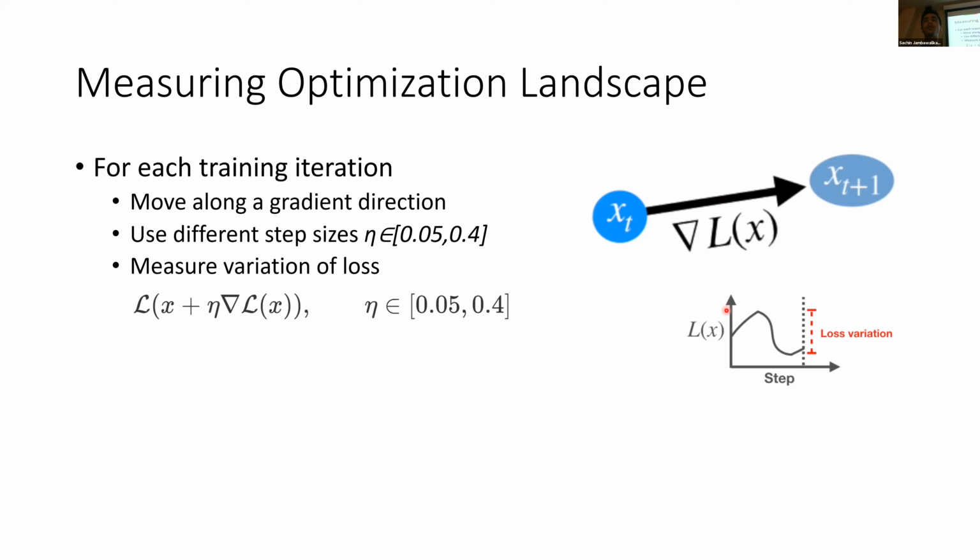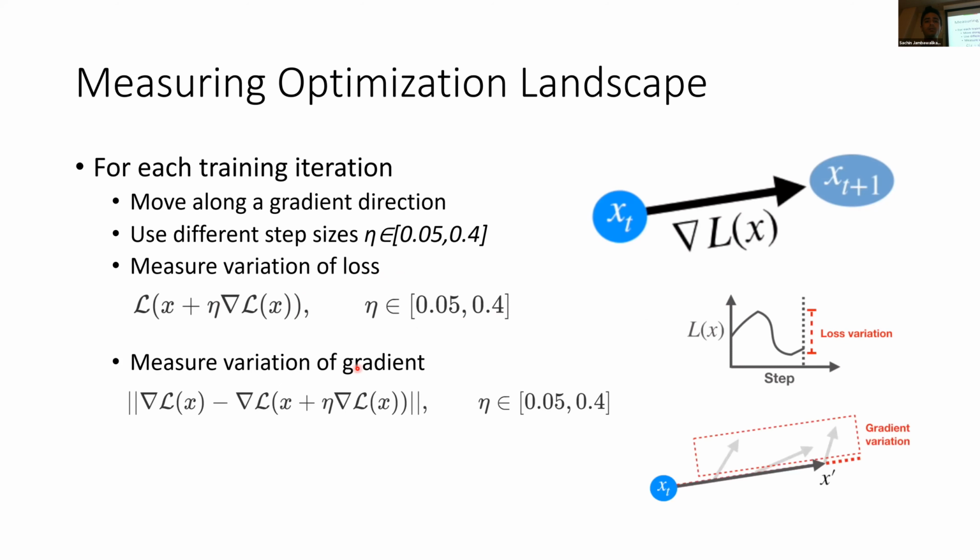This gives the idea about the loss landscape, and they measure the gradient in each step with different rates, with eta between 0.05 and 0.4. The other is they measure the variation of this gradient itself. So they check how much the magnitude of the gradient itself changes and how it is different with and without batch norm.